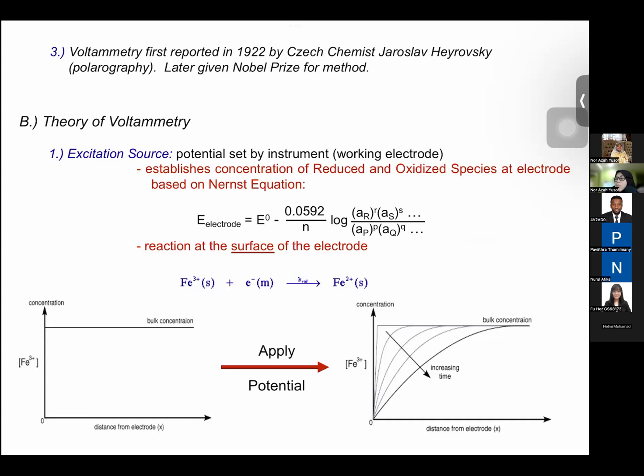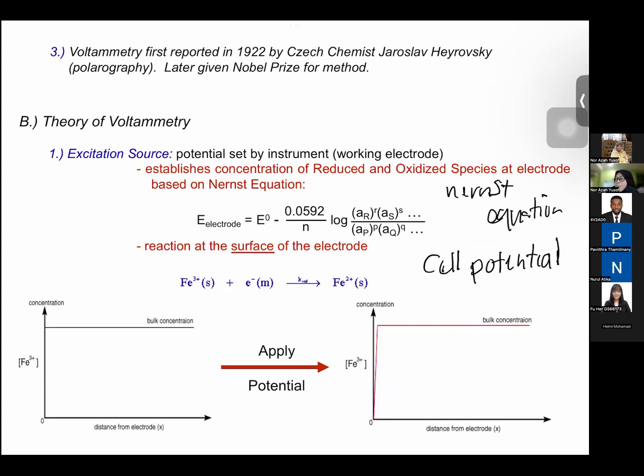So this is what we call the Nernst equation. If you took physical chemistry, you have probably come across this equation, where you calculate the cell potential.